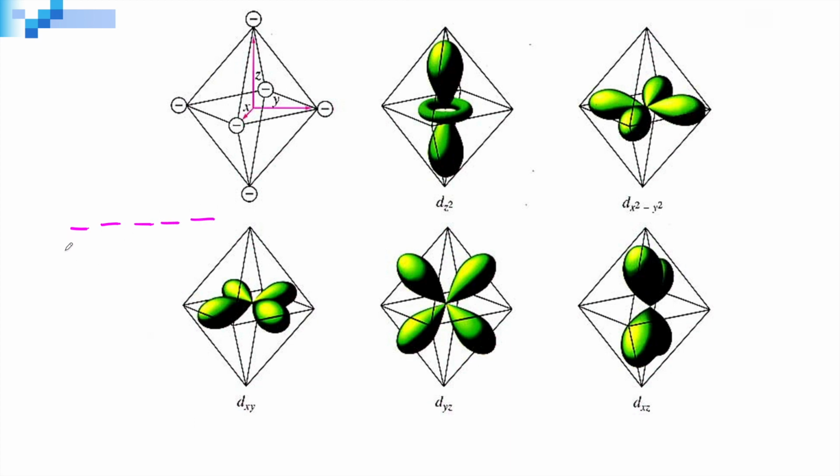We have dxy, this is the shape for dxy, and then dyz, dxz, dz squared, and dx squared minus y squared. Right, so this is what I explained in the first class of this semester.